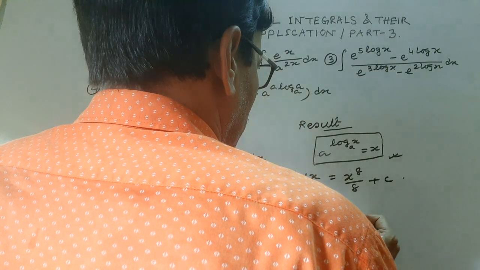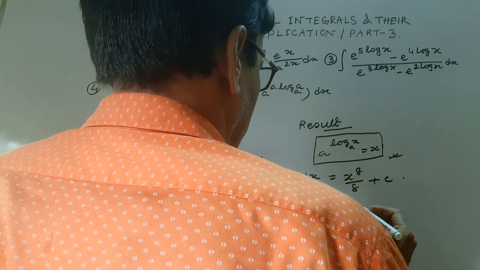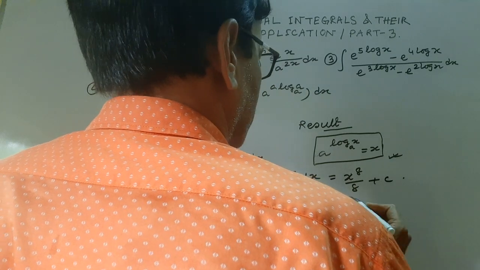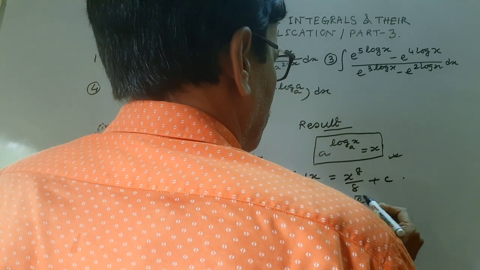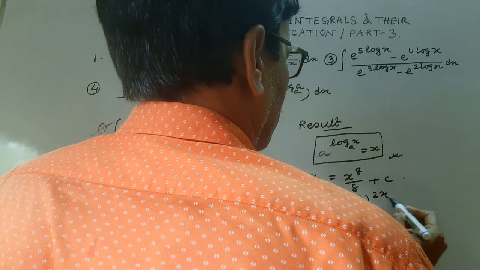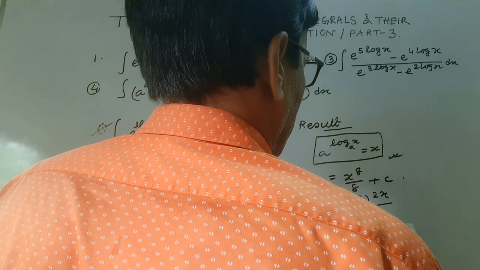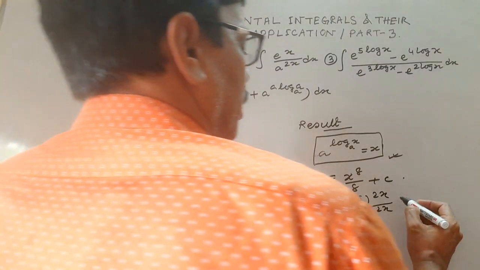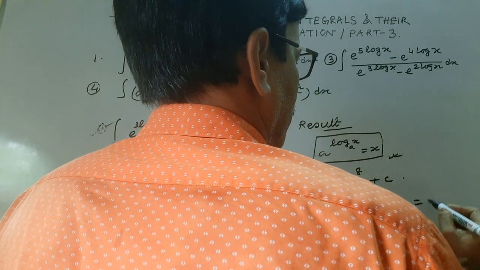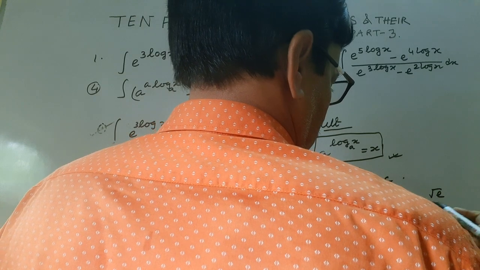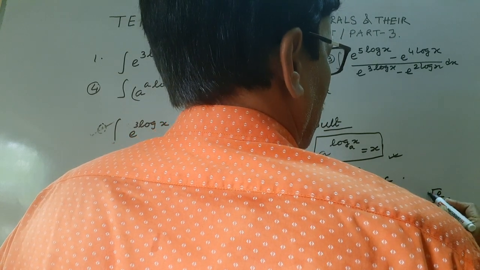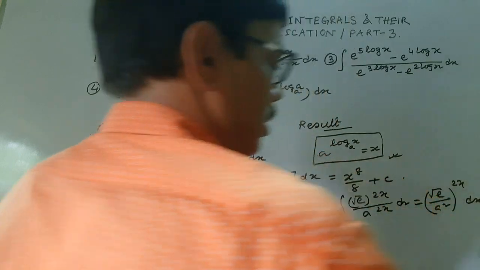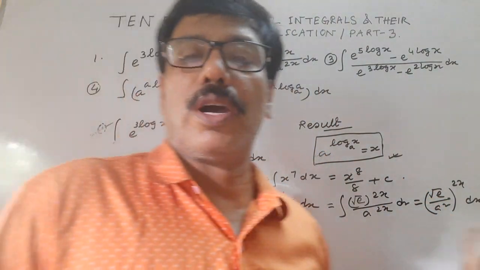Now look, we can write e to the power x as root e to the power 2x, and this is a to the power 2x. So now it is root e by a square, whole to the power 2x, dx.